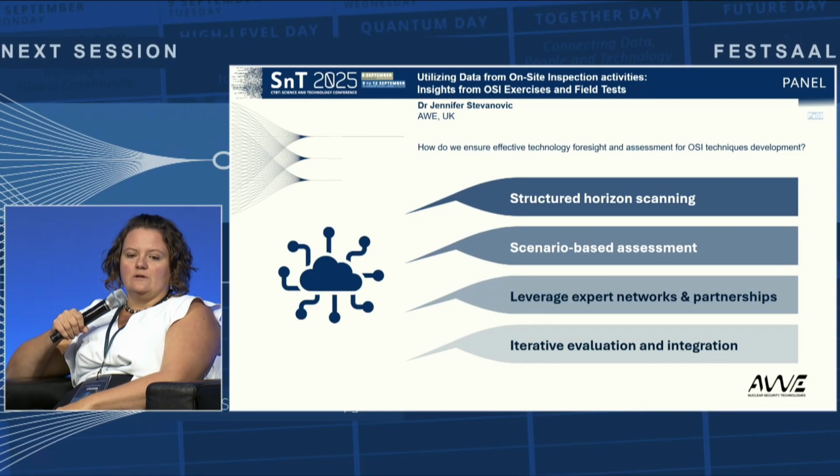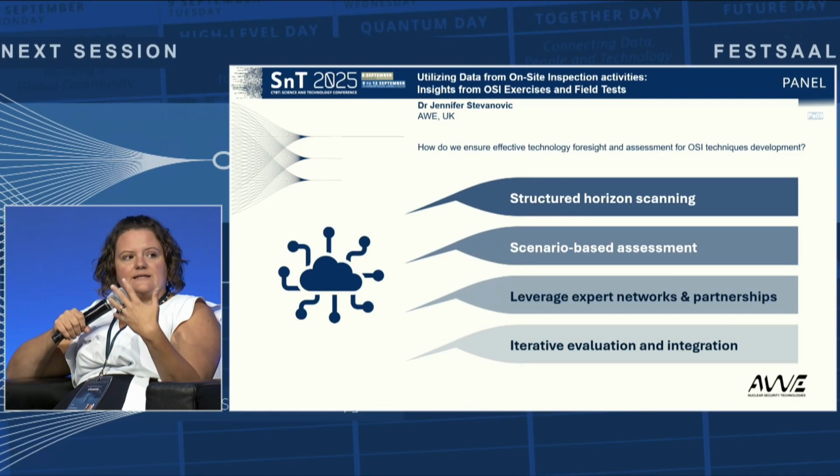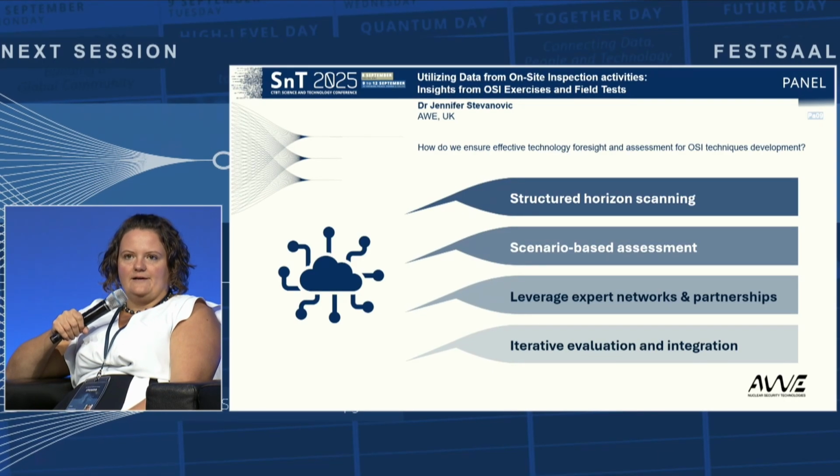We can also leverage our networks and academic partners, and that brings us back to the broader engagement and interaction with the community. And then we have the opportunity to really iterate this.